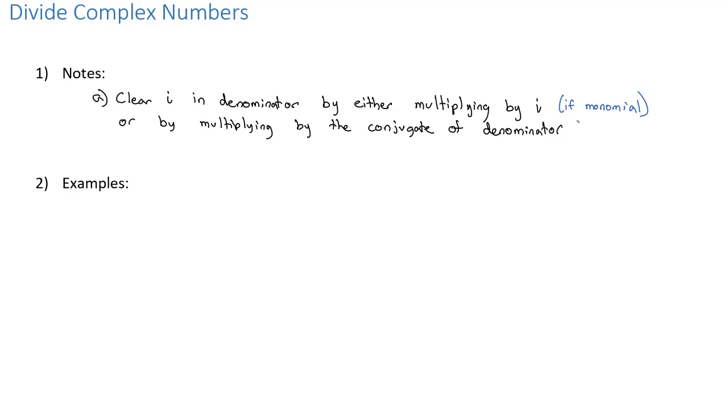And we do that if we have a binomial, if we have a plus bi.